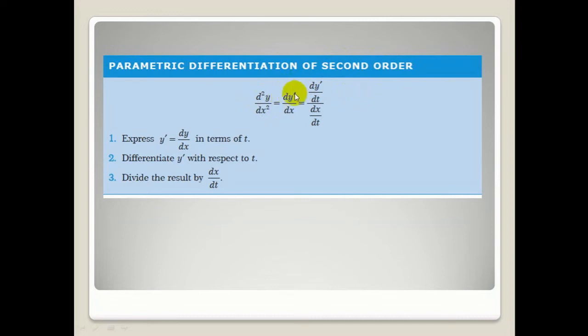Since this one is parametric, it has the variable t, so we use dy prime over dt and dx over dt. One, express y prime equal dy over dx in terms of t. Then differentiate y prime with respect to t and divide the result by dx over dt. Okay, let's do an example to make it easier for you guys.